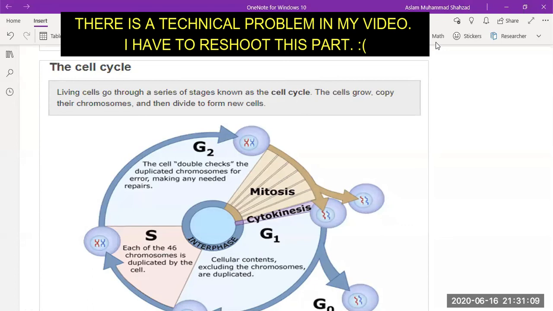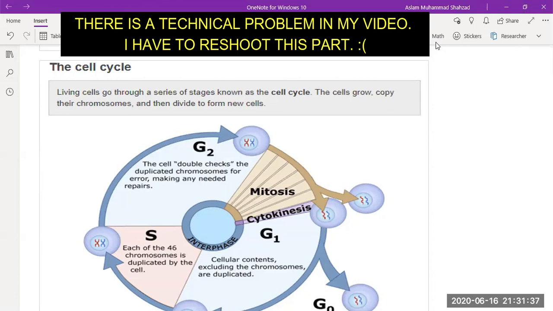The cell cycle consists of different phases like the G1 phase, S phase, and G2 phase. The G1 phase is the process where the cell duplication starts, whereas in the S phase the chromosomes duplicate, whereas in the G2 phase there is a double check of the chromosomes that have been duplicated, which is responsible for removing errors or repairing if required.